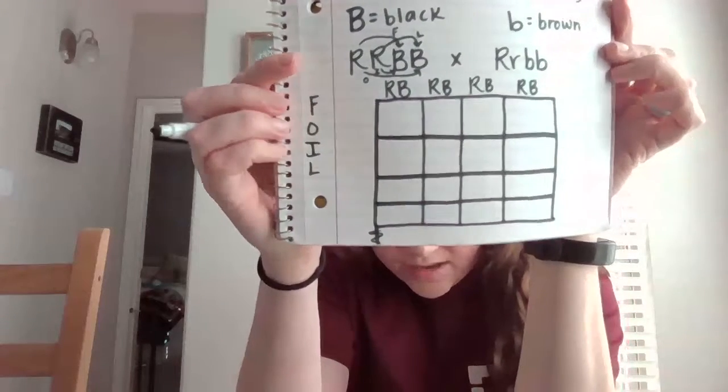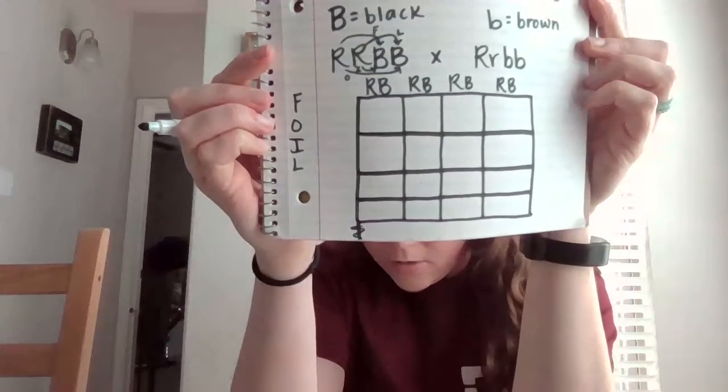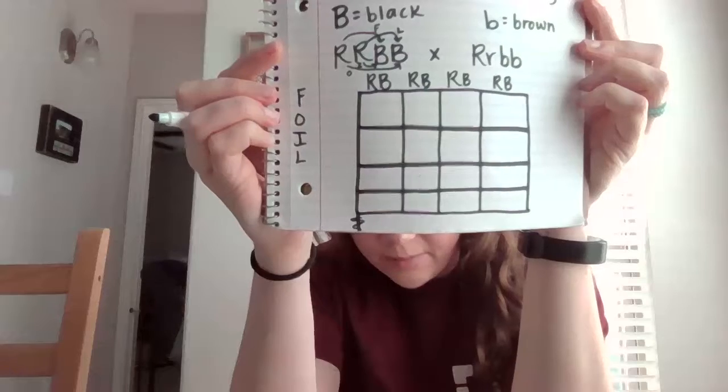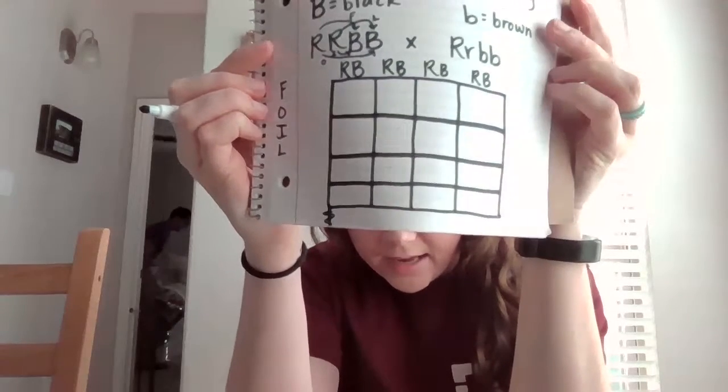If you need more help understanding the FOIL method, just let me know, and I can show you in another way if necessary. So we have to do first, outer, inner, and last of the second one.